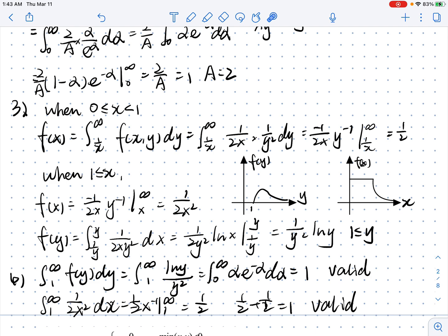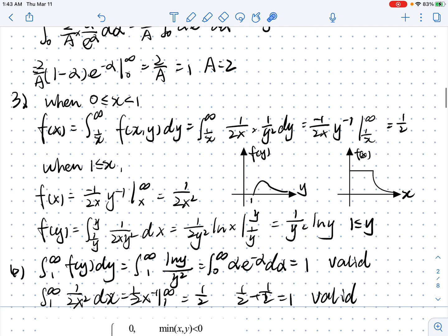For the density function for x, there are two parts. One part is from 0 to 1. We can easily know that the area from 0 to 1 is a half, and we just need to calculate the second part.